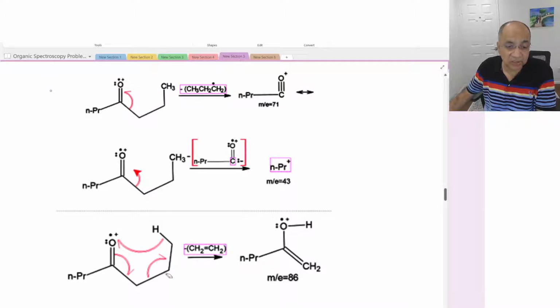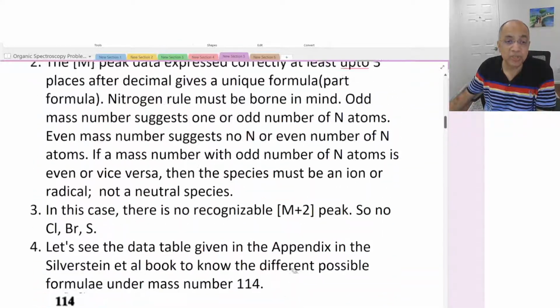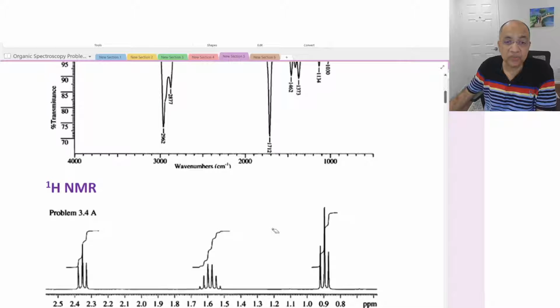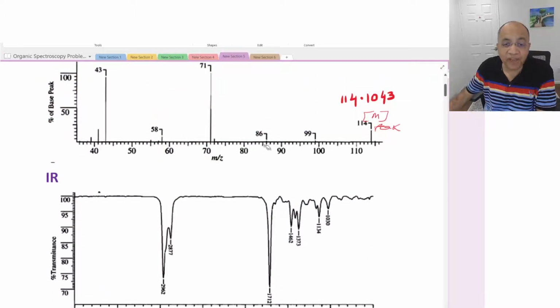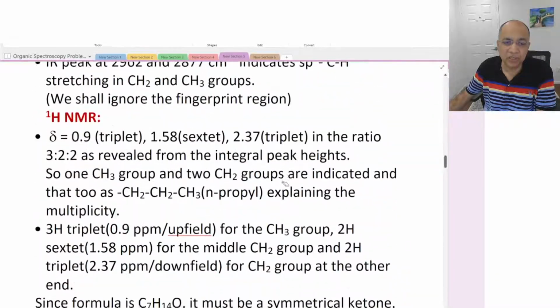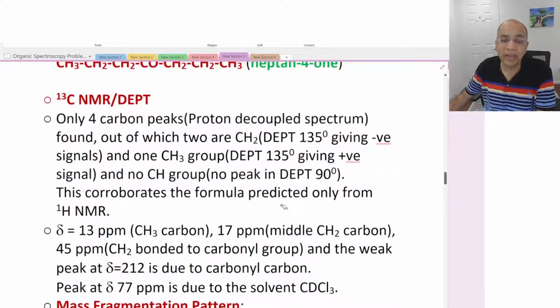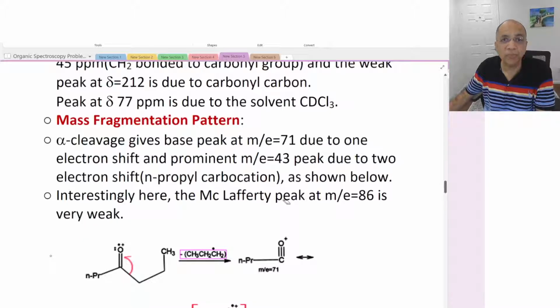The loss of ethylene with a gamma hydrogen transfer, the McLafferty rearrangement, would have given a strong, I'm sorry, 86, not 58. The 86 peak is very weak. That is a surprise for all of us because ketones having gamma hydrogen are very susceptible to the McLafferty rearrangement. So this ends our problem number 1.